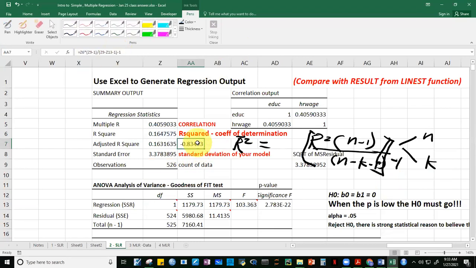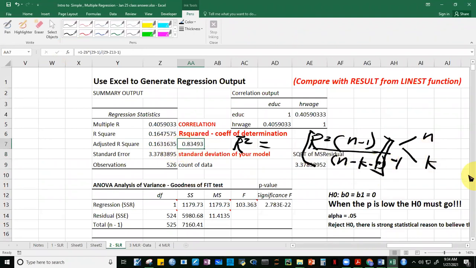Wait. Sorry. Ano sa formula ko? Tama ito kaso, sorry guys. 1 minus. Ito na yun.